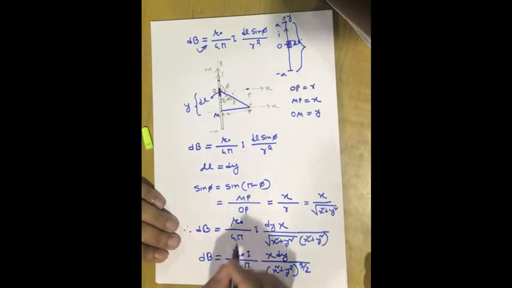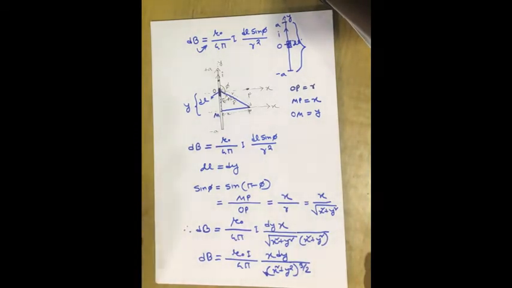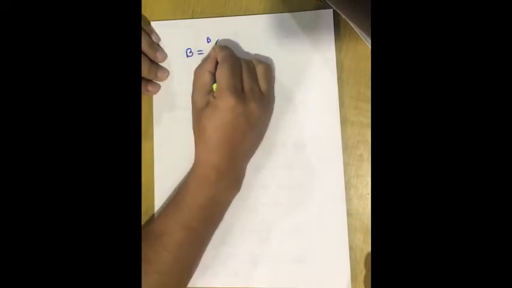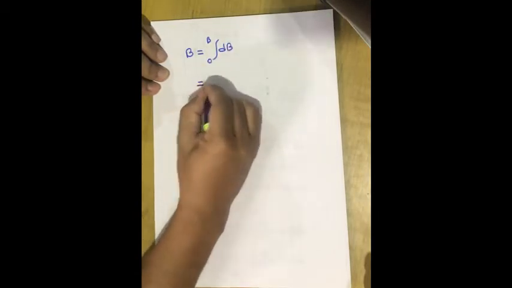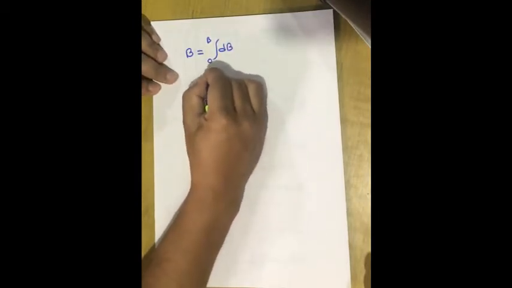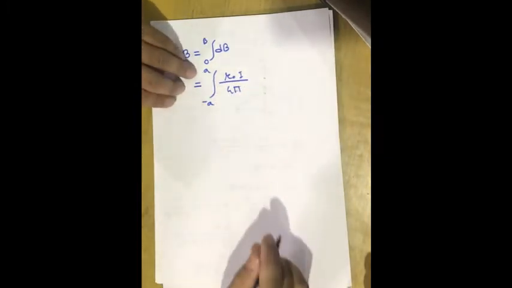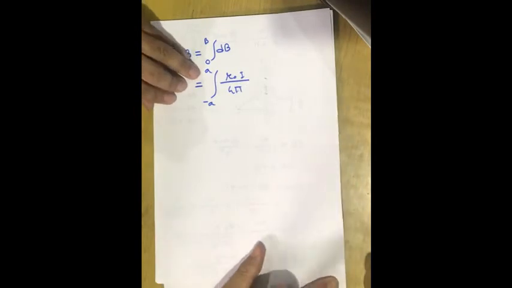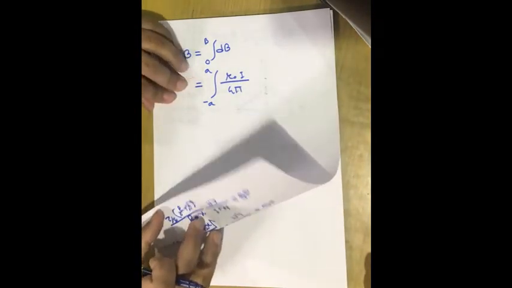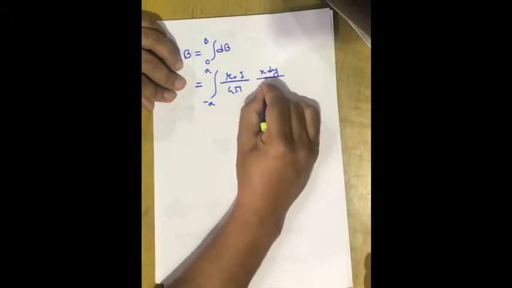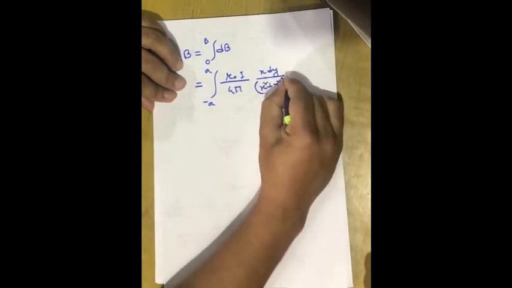So the magnetic field due to the whole current element, B, will be the integral of dB from minus a to plus a of mu naught I divided by 4 pi, x dy, over x square plus y square to the power 3 by 2.